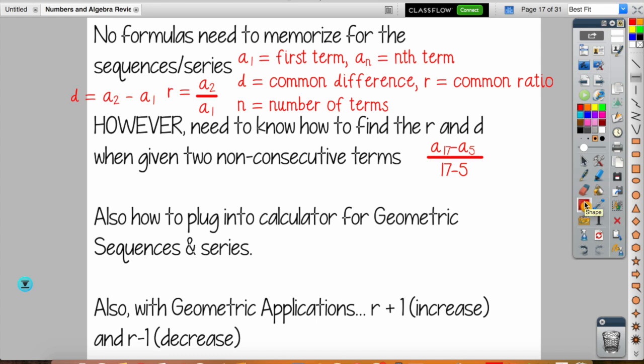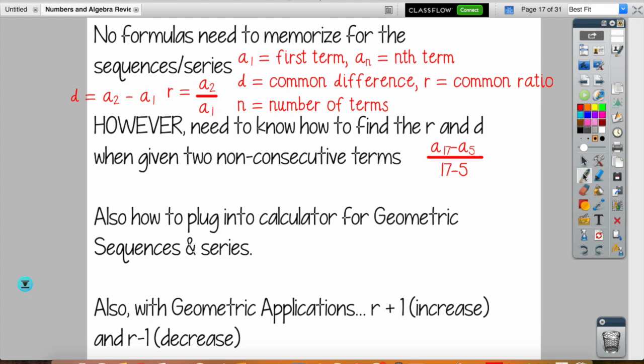For your ratio, you would kind of basically treat the fifth term as your first term, and use the original geometric sequence formula to find the ratio. Of course, you can always go back and look at the video for geometric sequences and series to refresh your memory on that.